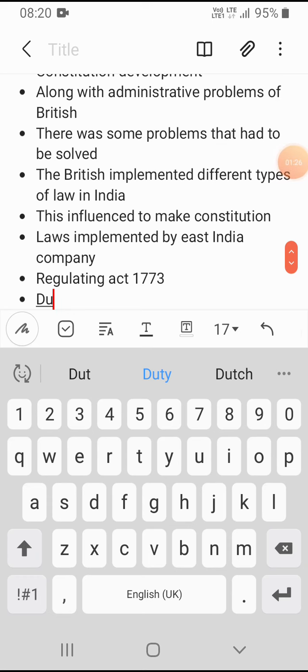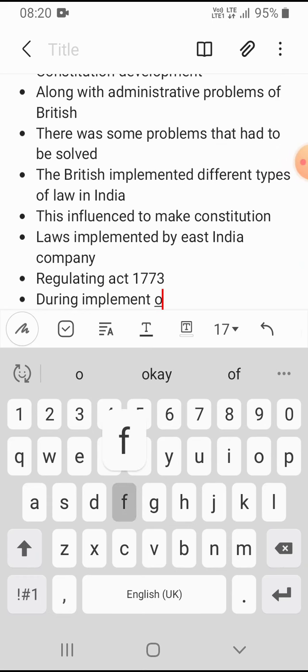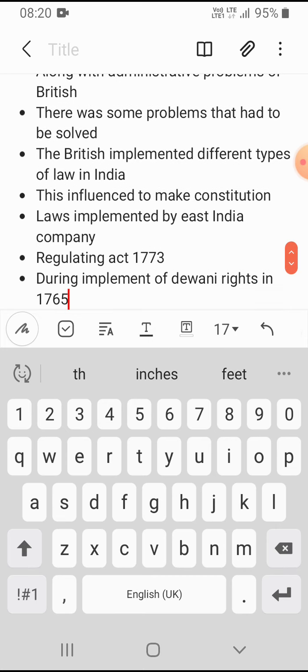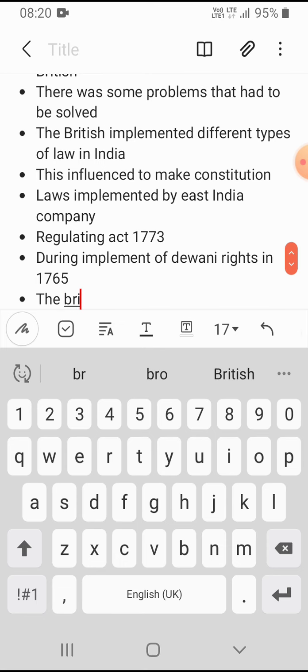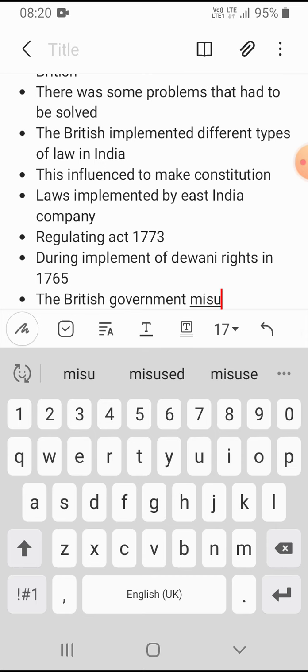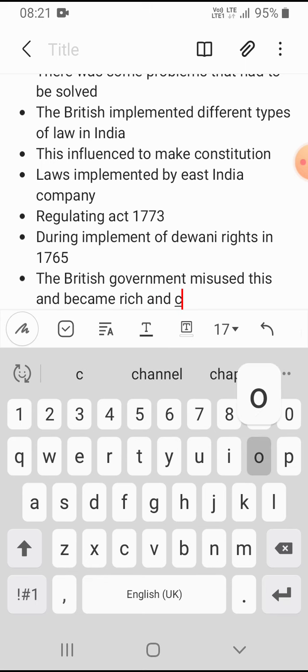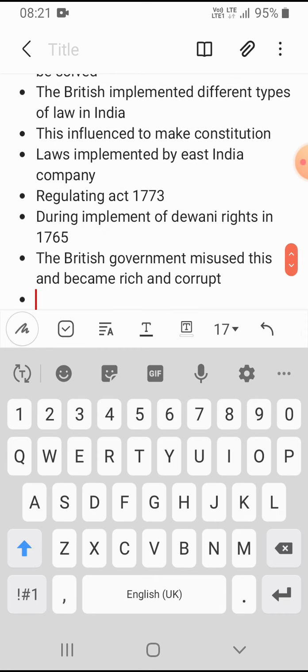After the Diwani rights were obtained in 1765, the Company misused them and became rich and corrupt.